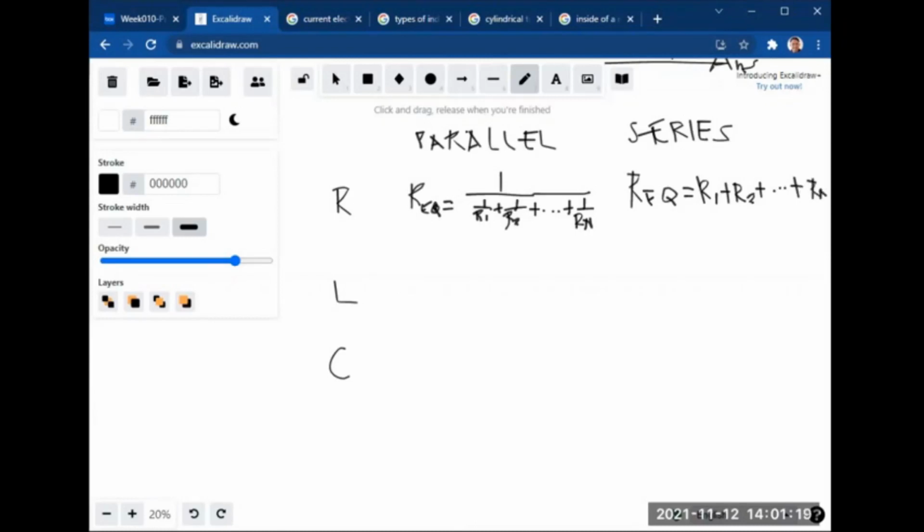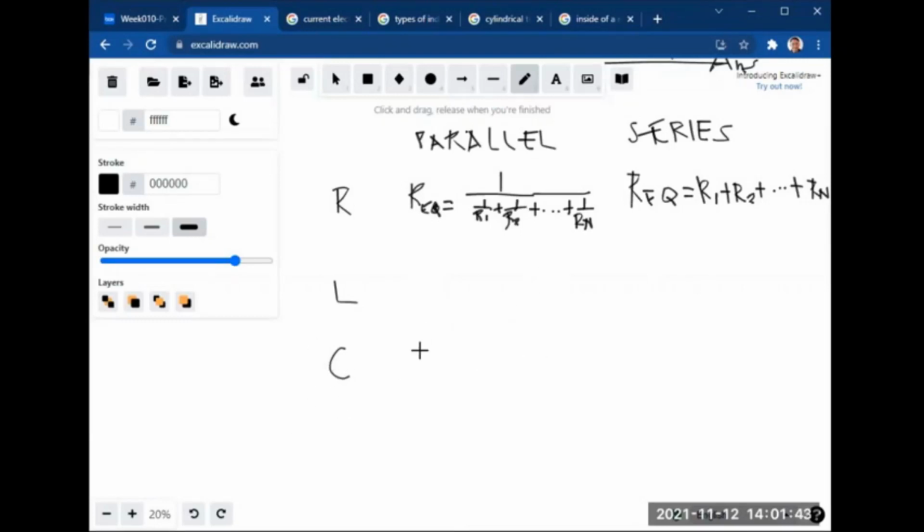So you can add as many resistors as you can for the series equivalent. For the inductor, or let's go to the capacitors first. For the capacitor, which is what we discussed last meeting, it is the opposite of the resistor. So the series for the capacitor is the parallel for the resistor, and so on and so forth.